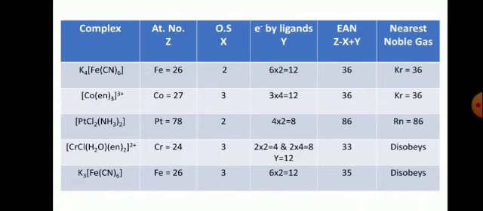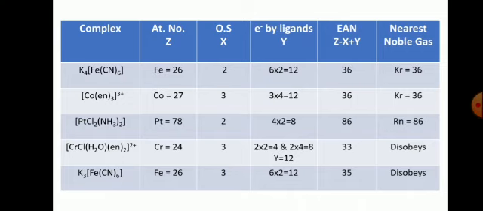Let us go to the next example: chromium, a monodentate ligand chlorine, a monodentate ligand water, and 2 bidentate ligands, that is ethylenediamine. Here the oxidation state of chromium is 3, the atomic number of chromium is 24, and the total electrons donated by the ligands is 12.